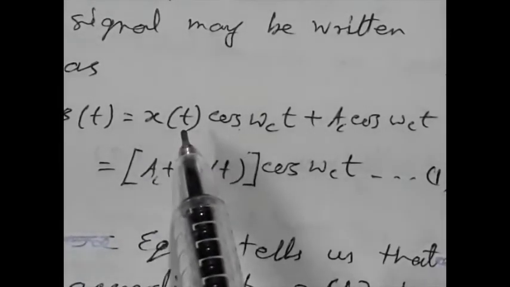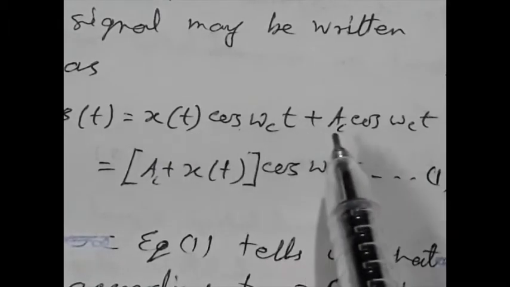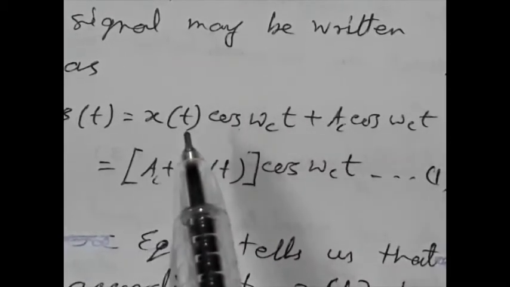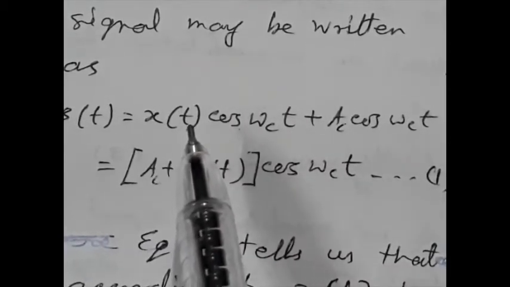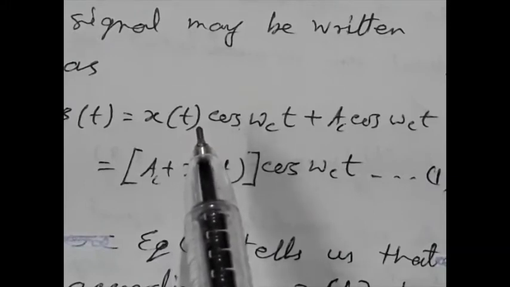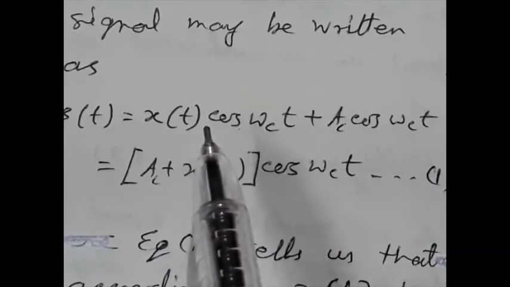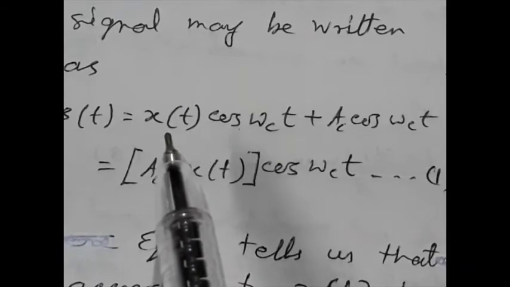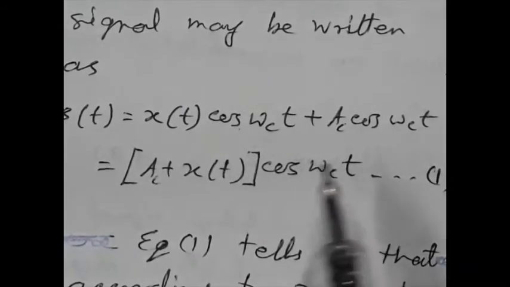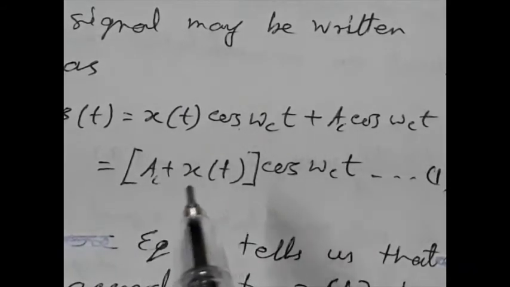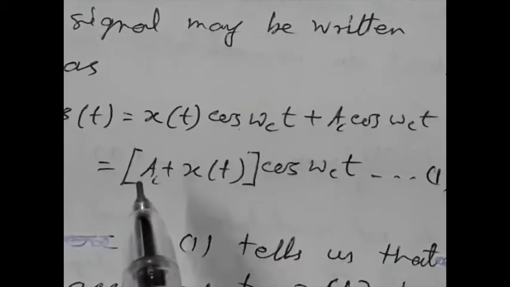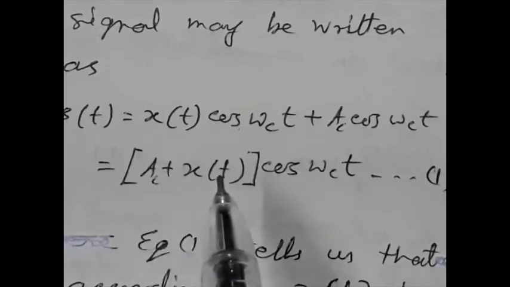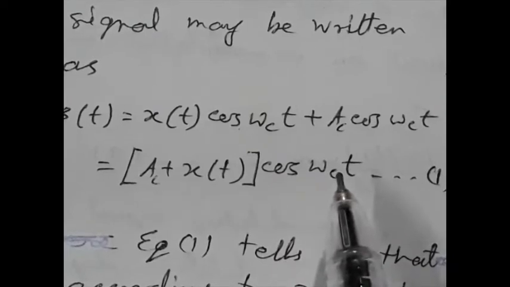There are various kinds of expressions available for the amplitude modulated signal. We have omitted all the complex notations, and this is the simplest form of writing the amplitude modulated signal. So we can write it in this way: (A_c + x(t)) cos ω_c t.